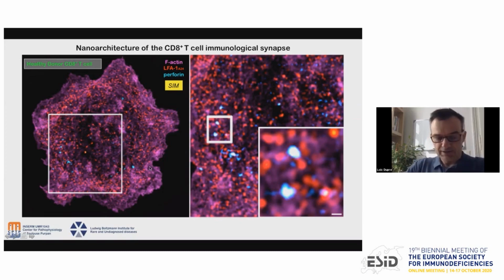We also, through this super resolution imaging, can access to the precise localization of lytic granules. And you see here that most of the lytic granules we detected in the synaptic plane were actually located in a kind of the inner leaflet of the LFA1 nanocluster belt that assemble around the immunological synapse.